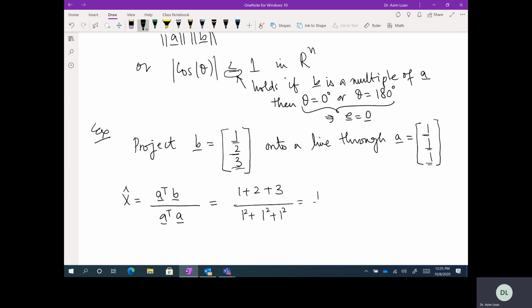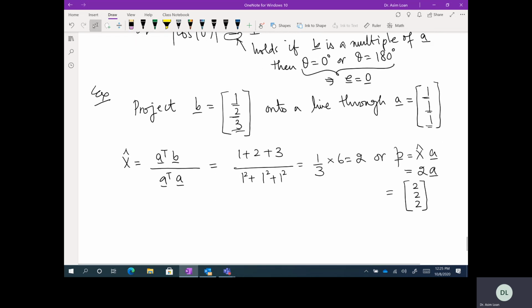So this is 6 over 3, which is 2. So P is equal to x hat A, which is equal to 2 times A, which is 2, 2, 2.